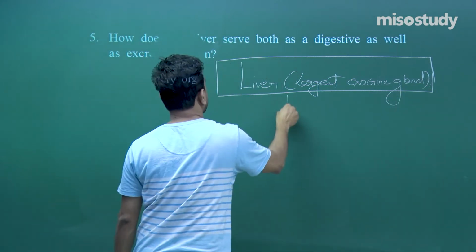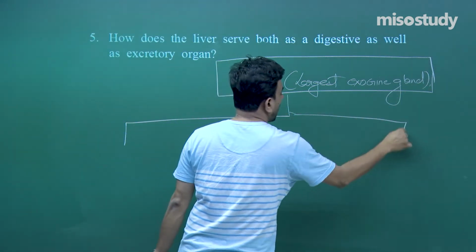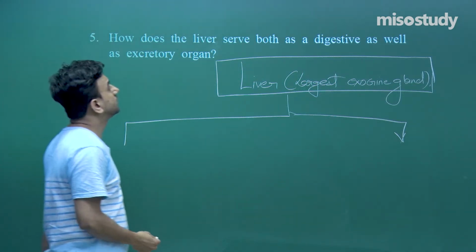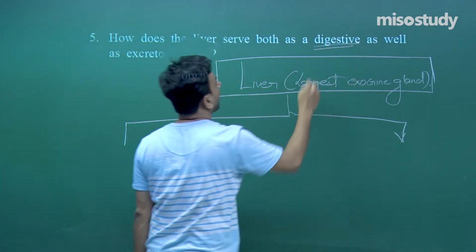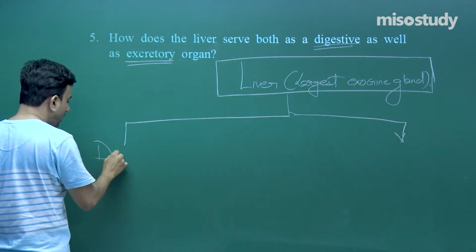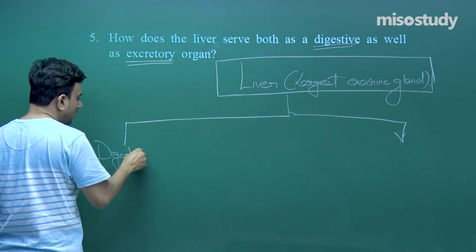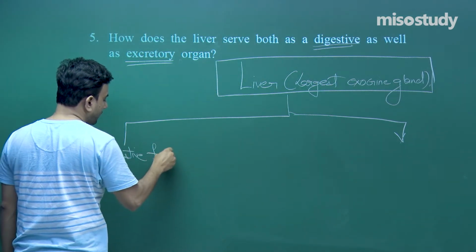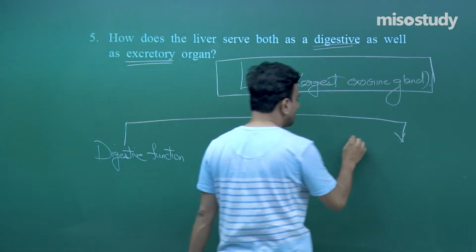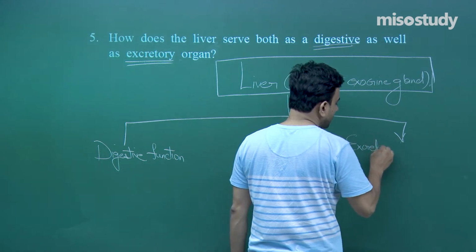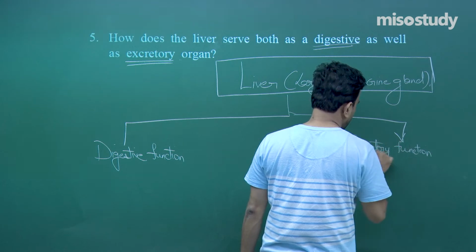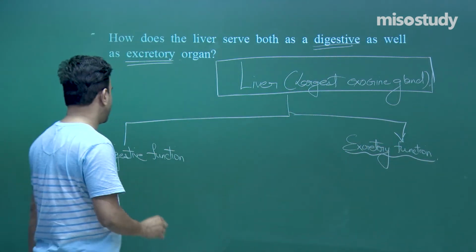Now, what we said is that it serves both as a digestive as well as an excretory organ. So, we are talking about the digestive function of the liver, and the next one is the excretory function.